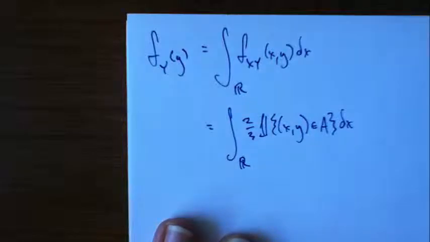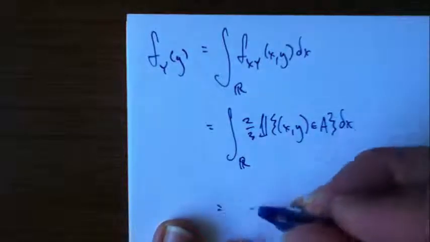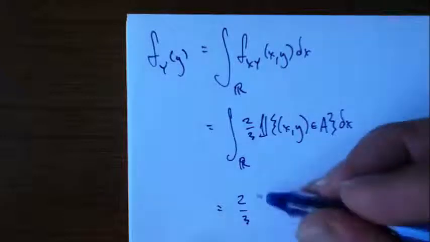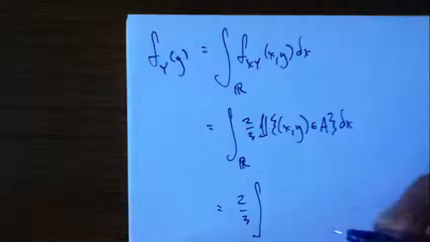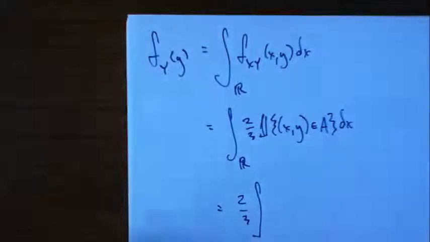And so this is going to be 2/3 integral, let's see, where does x go? I'm going to have to look at the picture here. We're integrating out the x.